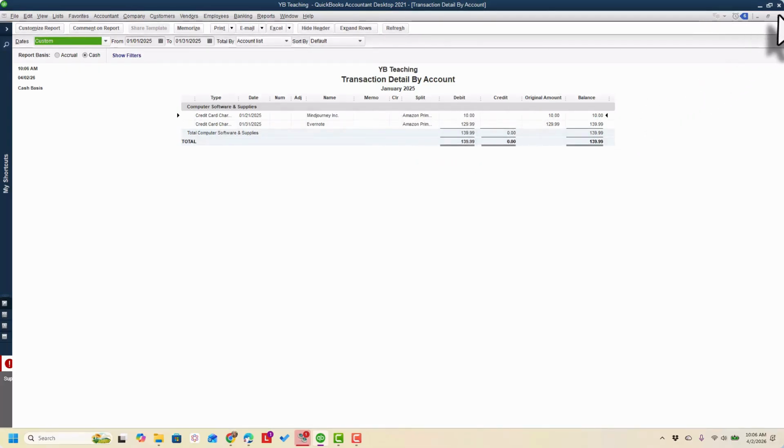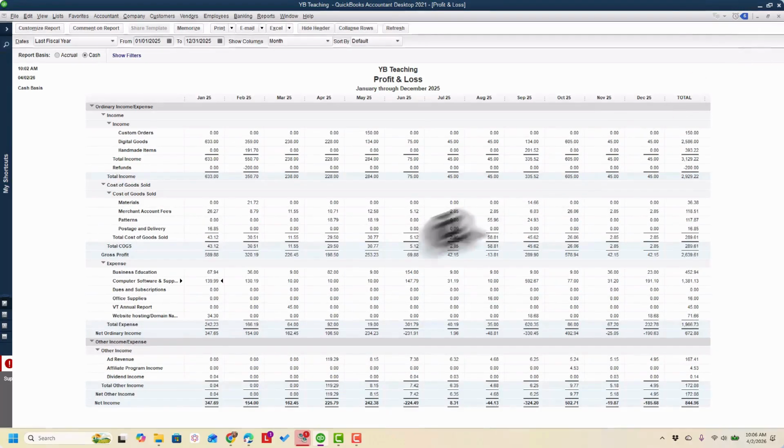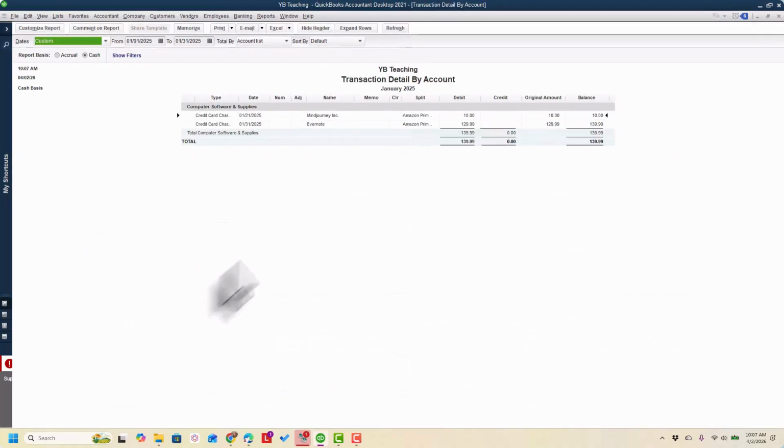Now, Evernote has gotten very expensive, and as a matter of fact, for 2026, this price doubled. So I know that I need to get rid of Evernote, and I did. I found a nice little alternative called UpNote, and I got a $49 lifetime license. So I'm saving money right there.